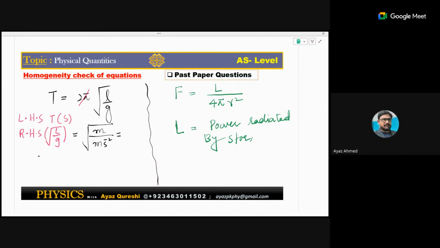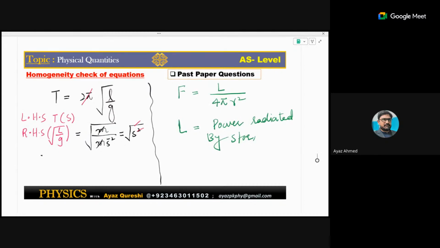So m and m will be gone. Your expression will be square root of s squared, and then the square and square root will be gone. So what did you get? Second. So can I say that left hand side equals right hand side? Because its SI base unit is second and its SI base unit is second.